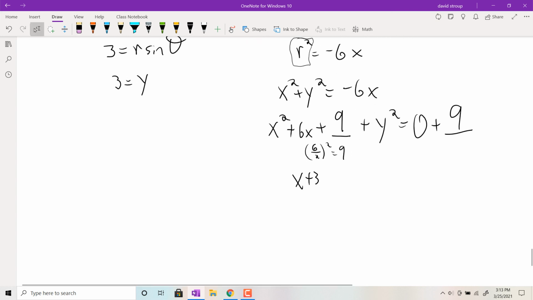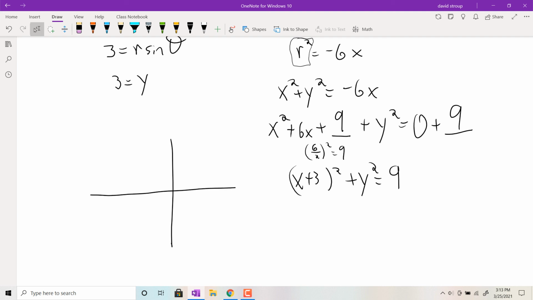And you get x plus 3 squared plus y squared equals 9. So what is this thing? In the polar or the rectangular coordinate system, it's a shifted circle, right? So it's centered at -3, 0, with a radius of 3. And there it is.